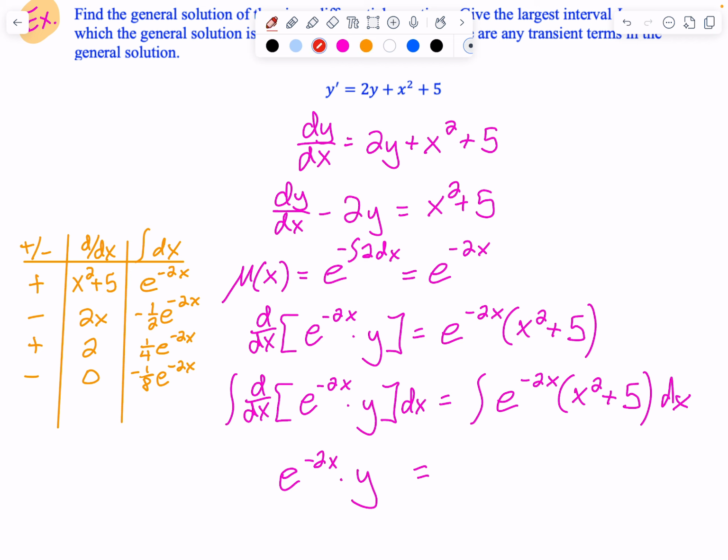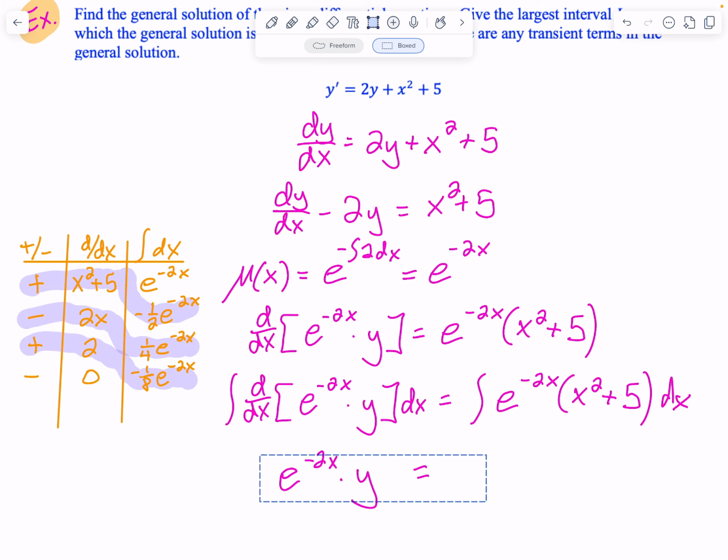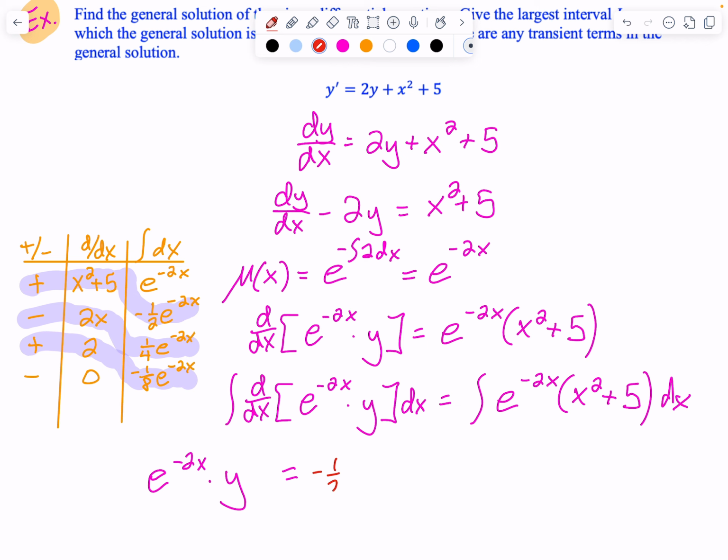All right, this is how the answer goes. This is why this is pretty neat. I'm going to use a highlighter, I think purple. So you do these two, these three, and these three. You're multiplying along the highlight, and then you add your terms. I'm going to scoot it over. We're going to get negative 1/2 times x squared plus 5 e to the negative 2x.